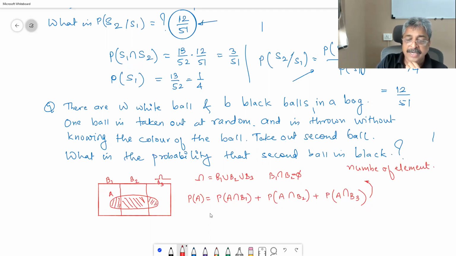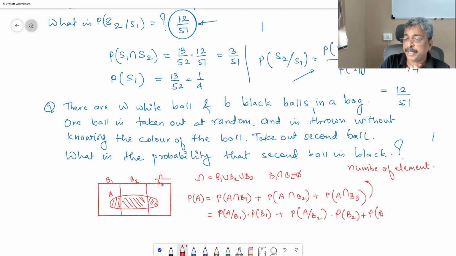Okay, three areas. And now we have learned how to write probability of A intersection B1 in terms of conditional probability, that is, probability of A given B1 into probability of B1, plus probability of A given B2 into probability of B2, plus probability of A given B3 into probability of B3.